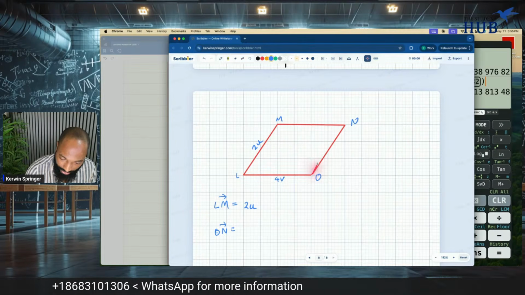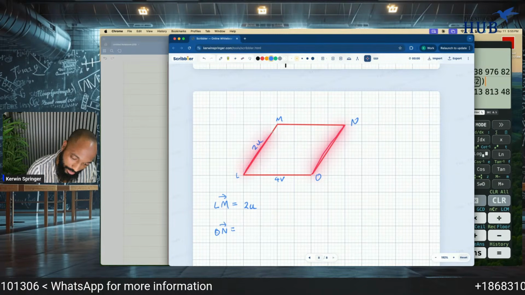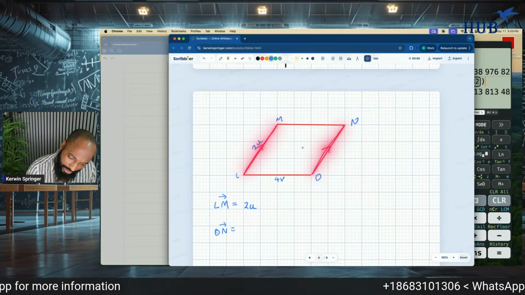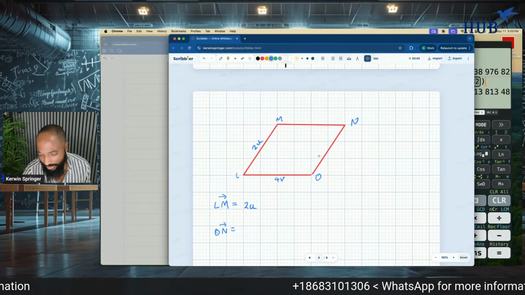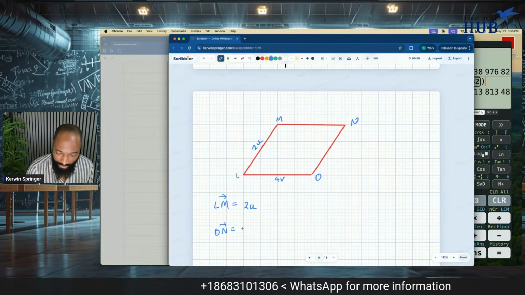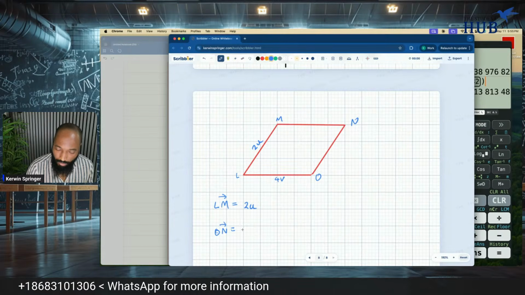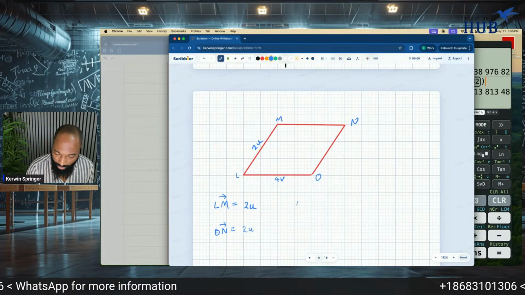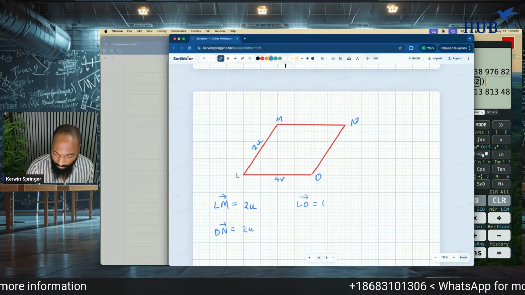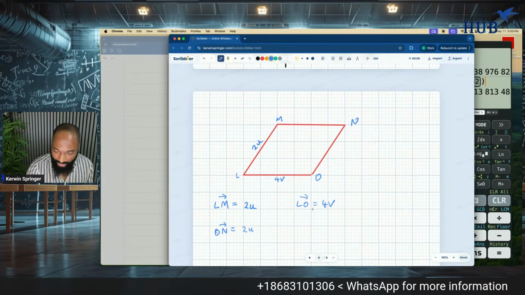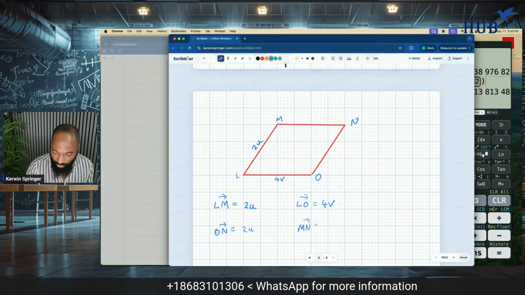ON is this, and LM is this. Once vectors are the same size and parallel to each other, they are the same. So this is also 2u. Similarly, LO would be 4v, and MN will also be 4v.